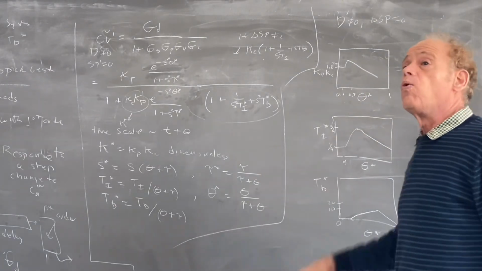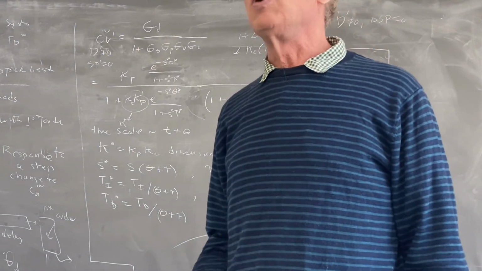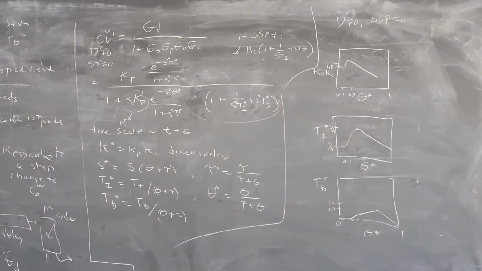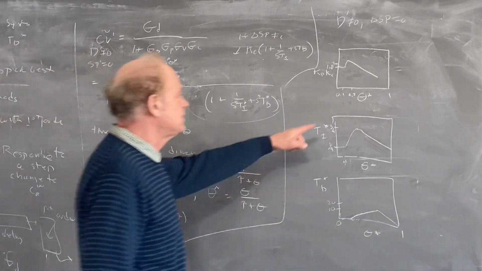But again, once there's a long delay, I can be too aggressive in the integral control as well, as we saw. When I make TI over KC small, when this thing gets too small, TI means a short reaction time for the integral. Too short, then it goes down. Even for a first order system, it starts to oscillate. For a non-first order system, it becomes unstable. So that's why this thing decays.